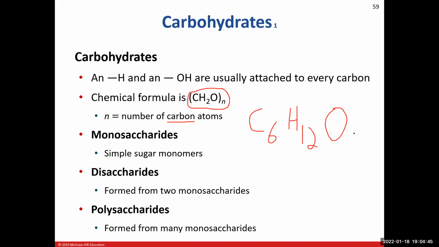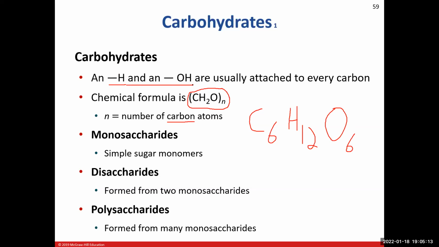That's our example. So in this case, when we're looking at carbohydrates, every carbon atom is going to have a hydrogen atom attached to the carbon, and a hydroxide or OH group will be attached to the carbon.